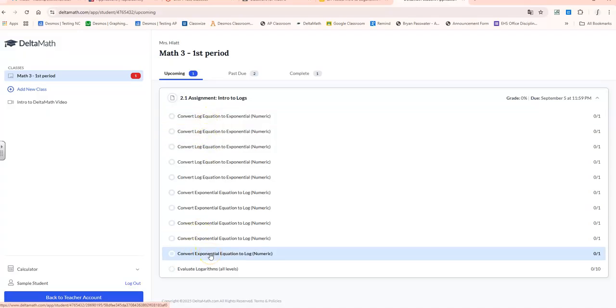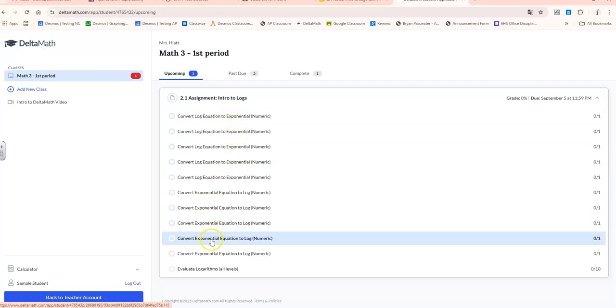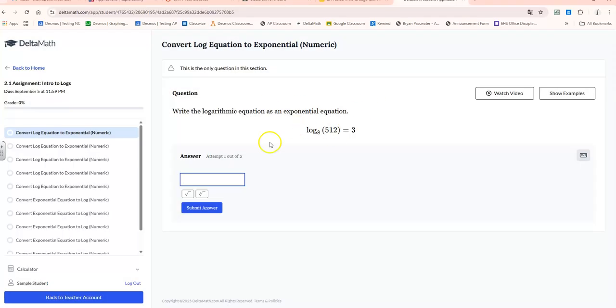That is because Delta Math, the section that they used for this, some of the questions they were given were way more difficult than I wanted them to be. So I selected specific problems. So on this, you're all going to have the same first problem there. So you'll have that same first problem, and you're going to rewrite that as an exponential equation.